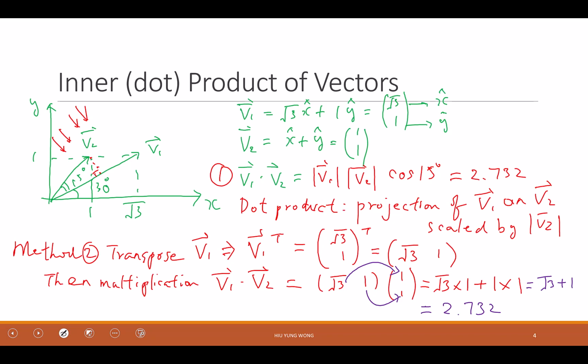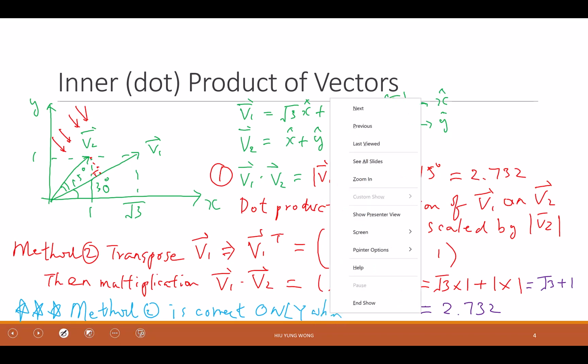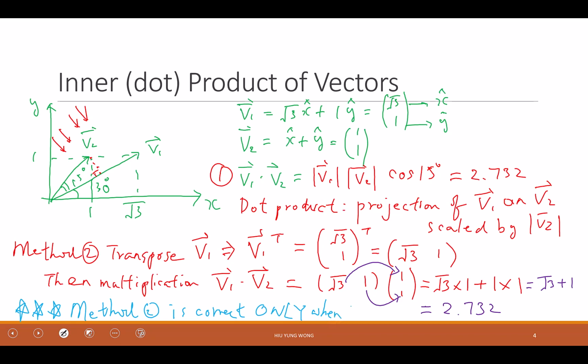Now, second method, this is important. I want to warn you now. Three stars. Method 2 is correct only when the basis is orthonormal.